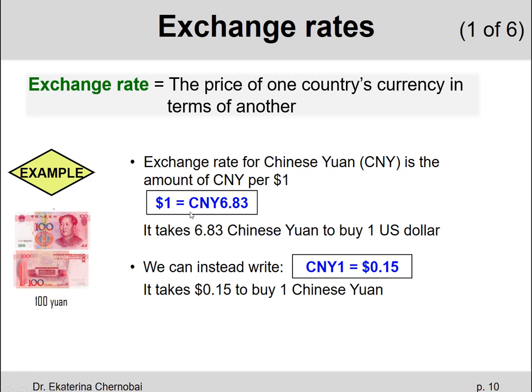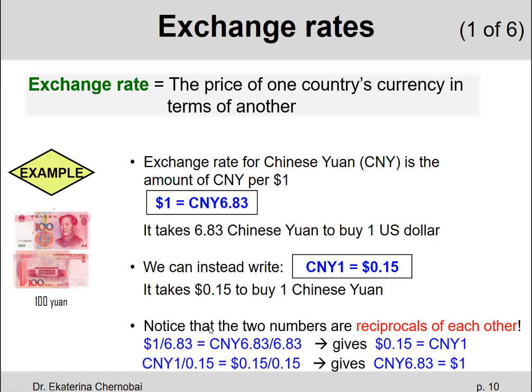If you want to have 1 Chinese yuan, then we would need to divide 6.83 by 6.83. So it gives us 1. If we do that for both sides of this little equation, right? So if you also divide $1 on the left-hand side by 6.83, then we get 0.15 of a dollar, or 15 US cents.